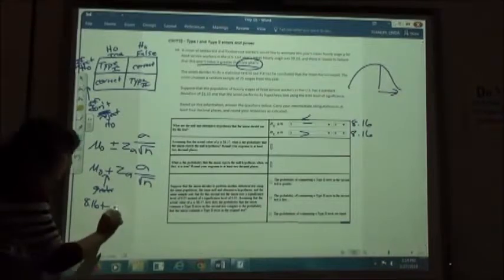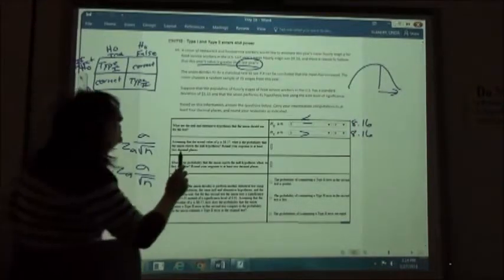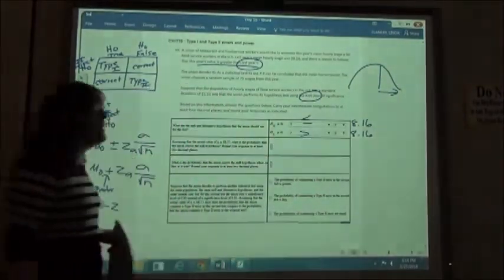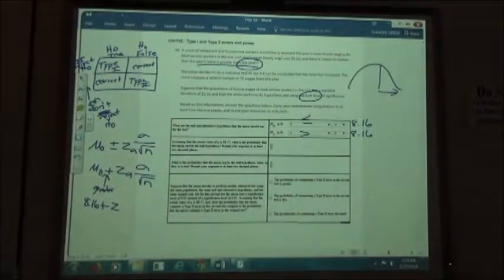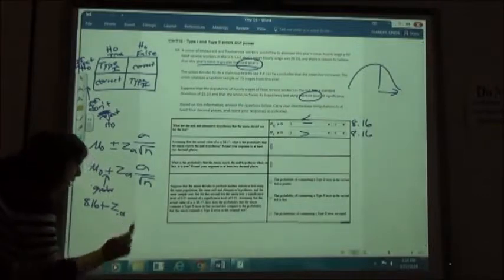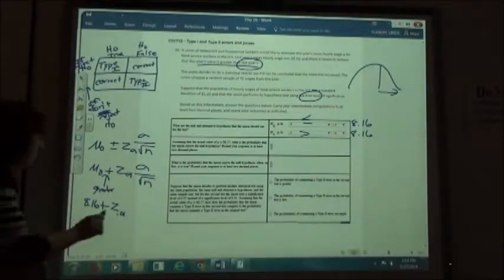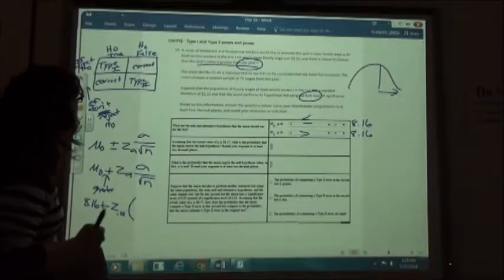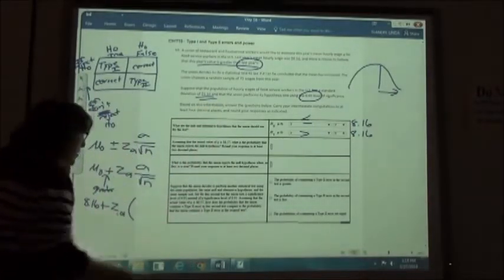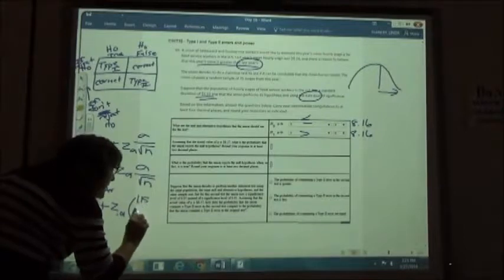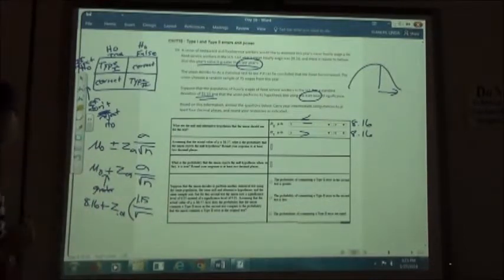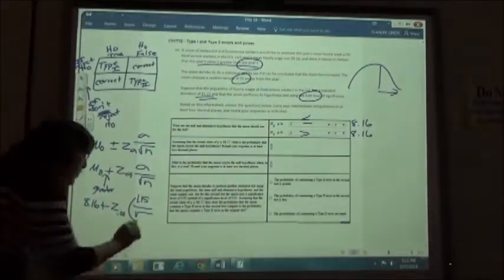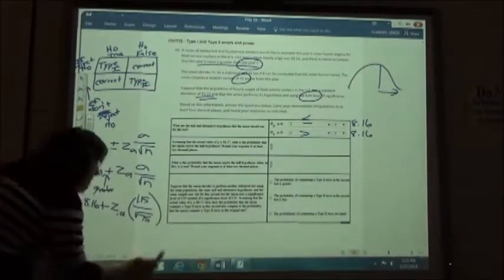Plus, we're going to do Z sub, and that's going to be this level of significance right there, 0.01, times the standard deviation. The standard deviation is right here, $1.15 over the square root of n. N is how many people they sampled. They sampled 75 people.